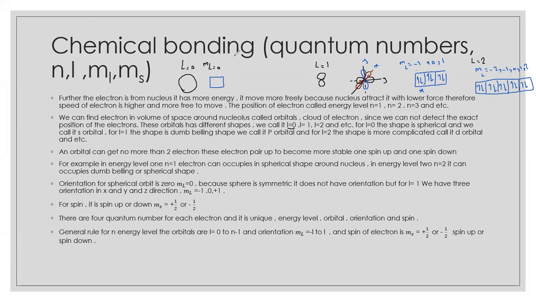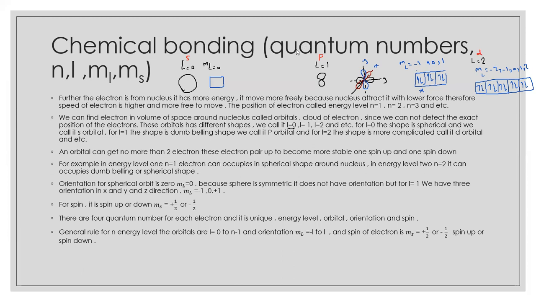When l is 0, we call it an s orbital. When l is 1, it is a p orbital. For l equals 2, we call it a d orbital.